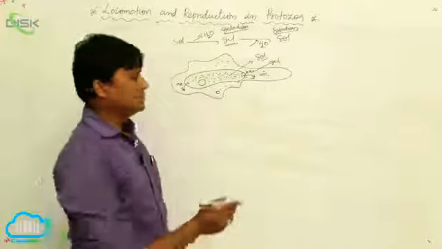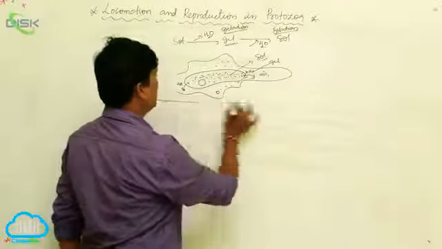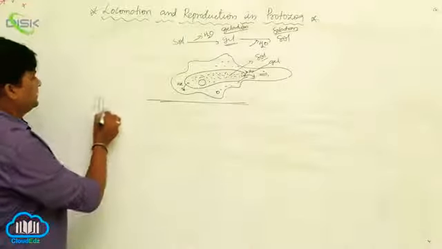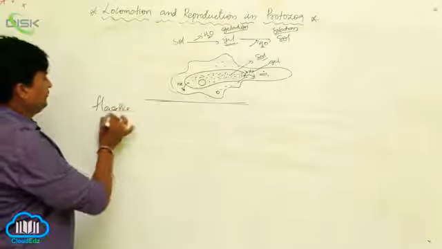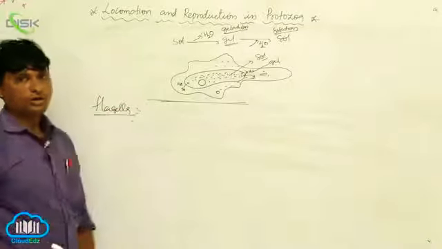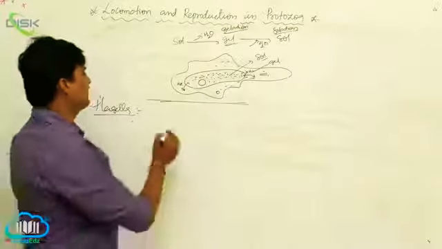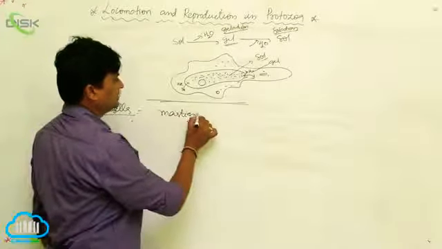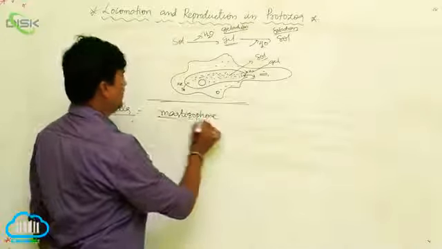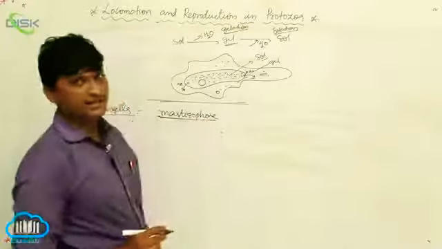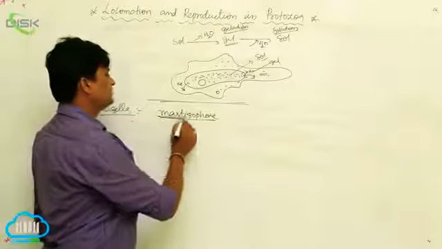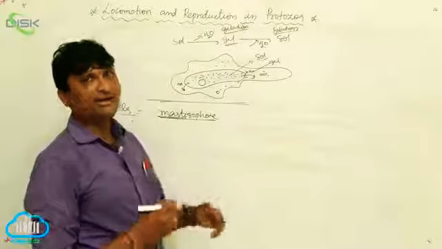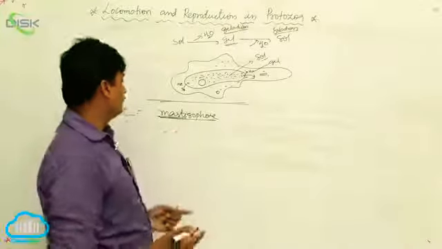This is about pseudopodium. Next we are going to discuss flagella. Flagella are another type of locomotor organelles in the protozoans, mostly the mastigophores. Mastigo means small hair-like projections, and mastigophora means bearing a beard, so we call them mastigophores.